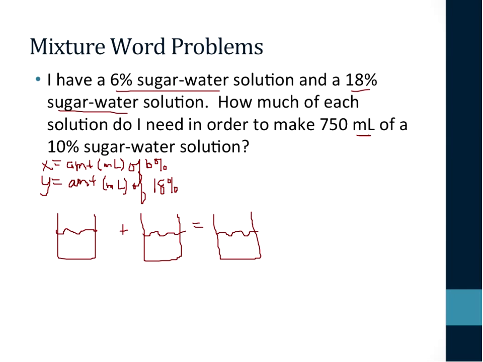Now I'm going to fill in what I know and what I don't know. I know what my outcome is. I know that I want this to be 10% of 750 milliliters.